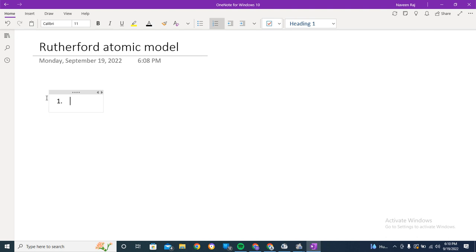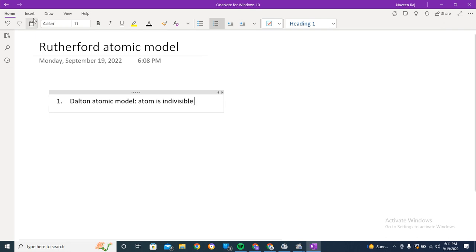He gave the Dalton atomic model. What he said was that the atom is indivisible.